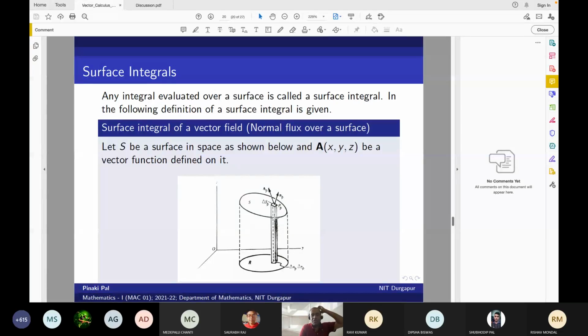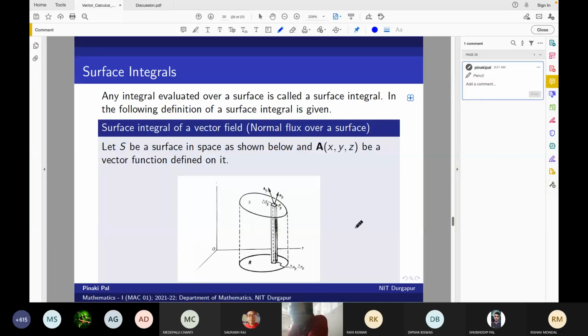And what is the relation between these two surfaces, delta S and this delta X delta Y? So let us have a look at it. Approximately the situation is something like this. So what was the AP here?